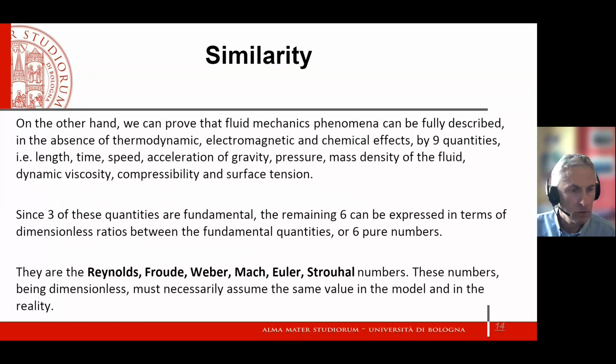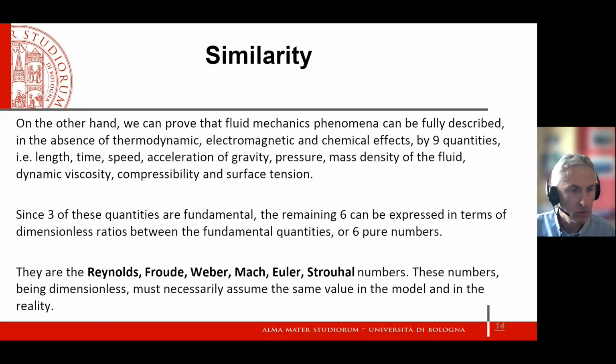If I have 9 quantities and their units can be expressed as functions of the units of 3 fundamental quantities, it means that I can find ratios between any of these properly chosen quantities that are dimensionless.